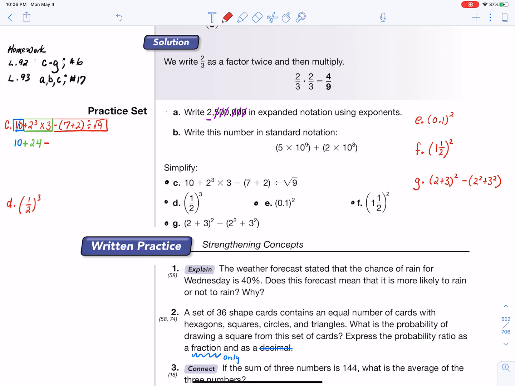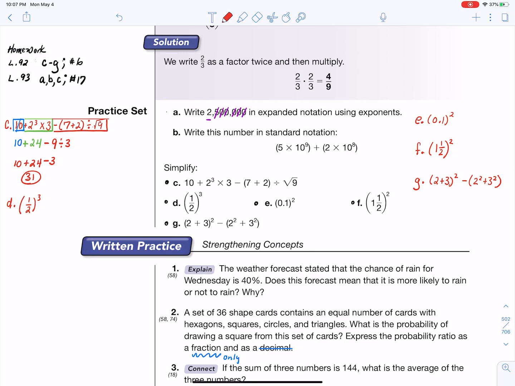So I'm going to write that down so I don't make an error. It's going to be 9 divided by the root of 9, which is 3. So that actually ends up being 3 that's being subtracted. So I have 10 plus 24 minus 3. That ends up being 34 minus 3, which is 31.